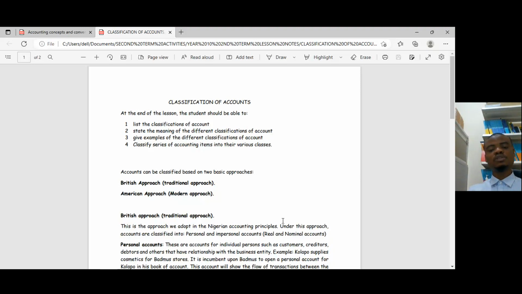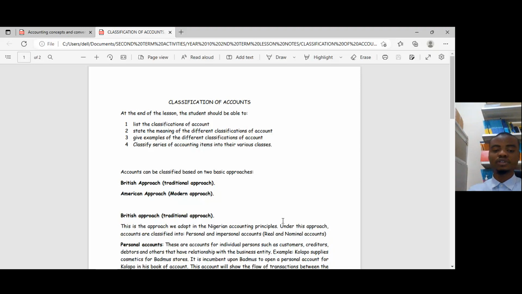Now let's go into the business. Accounts are classified based on two approaches. First, we have the British approach, also known as the traditional approach, and we have the American approach, also known as the modern approach. It depends on the country you are in that will determine the approach you adopt in the classification of accounts.